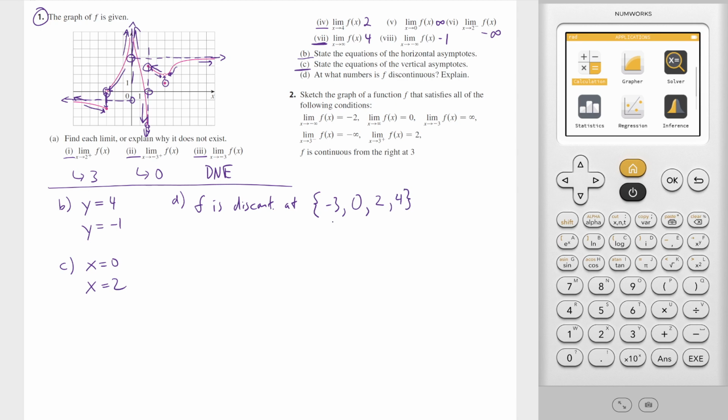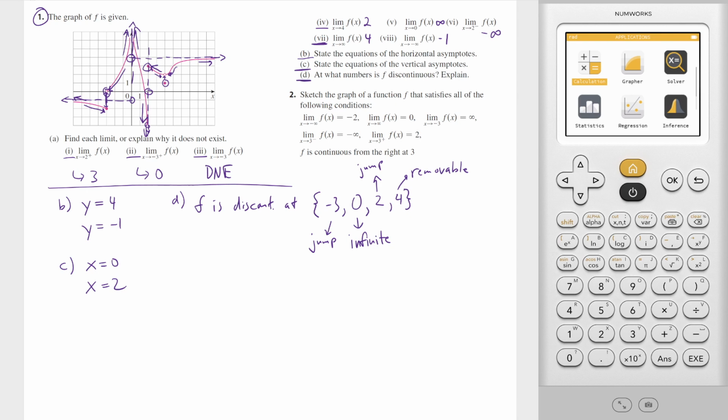So if we're going to categorize these, this one is a jump, this is a removable, 0 is an infinite discontinuity, and at 2, it's going to negative infinity from one side, but we'll call it a jump because it jumps from negative infinity up to 3. Okay, so that's part D.